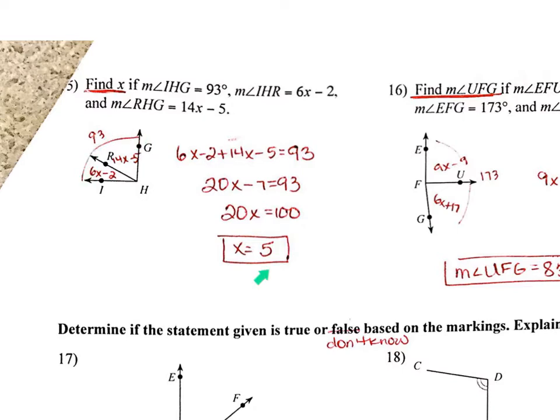Simple algebra is going to get us to 5. And then it is a good idea to go back and plug that in and make sure that that works. And if I do that, 6 times 5 is 30 minus 2 is 28. 14 times 5 is 70 minus 5 is 65, and 28 plus 65 gives me 93. So I know that x does actually equal 5.